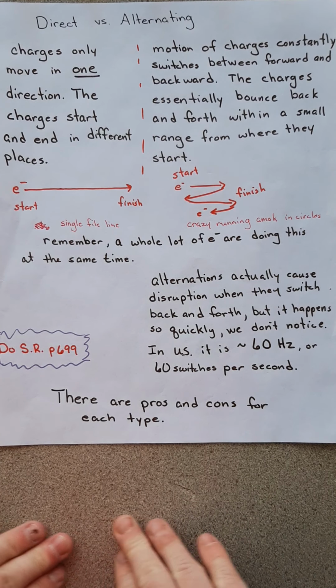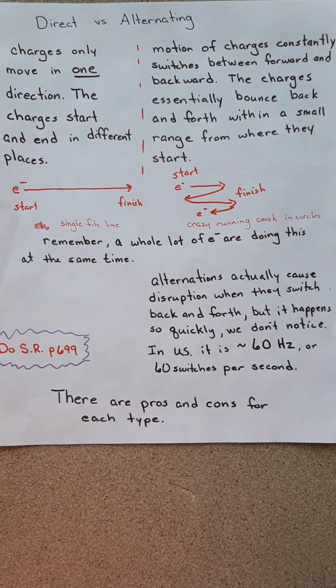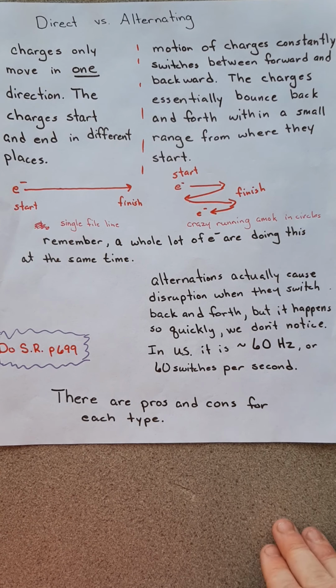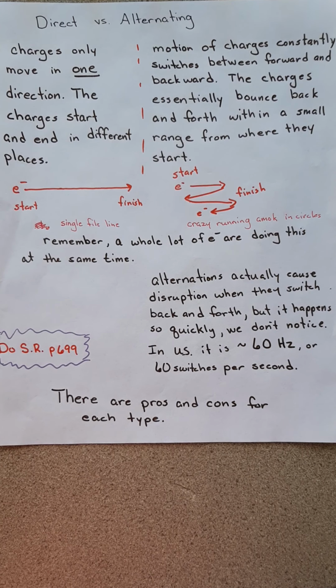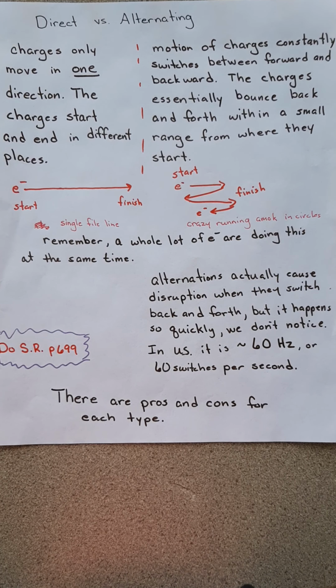But the idea is they end up a distance from where they started. They follow a general path in one direction. This is kind of like everybody line up in the hallway, stay single file, walk down to the cafeteria, stay in line. So it's a single file line, but all of those electrons are moving in that line together in the same general direction.